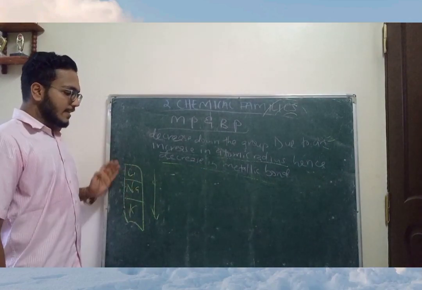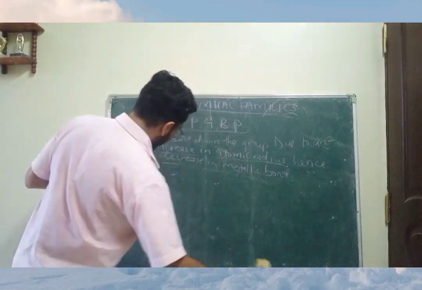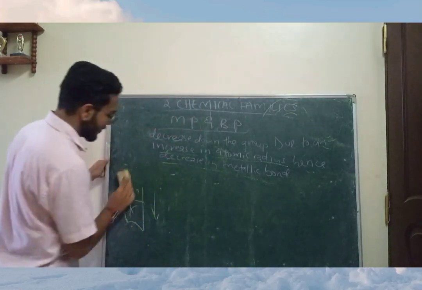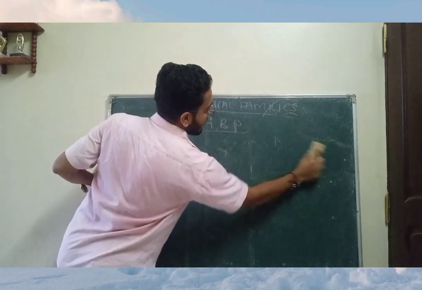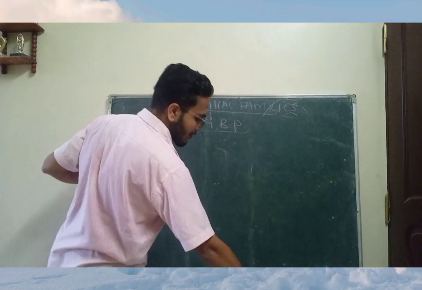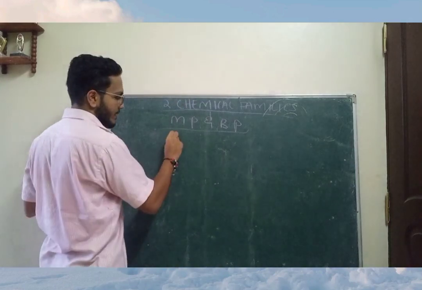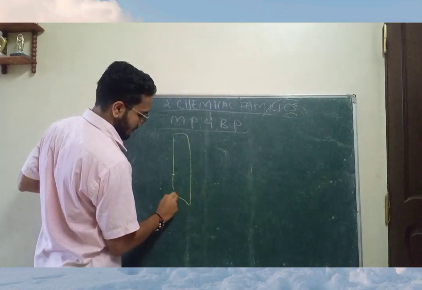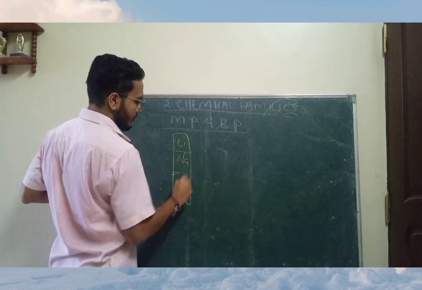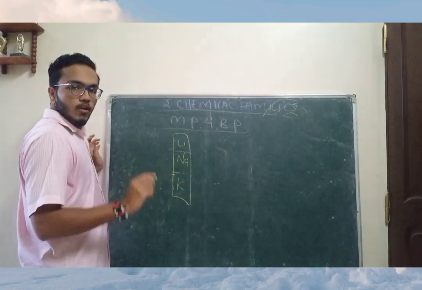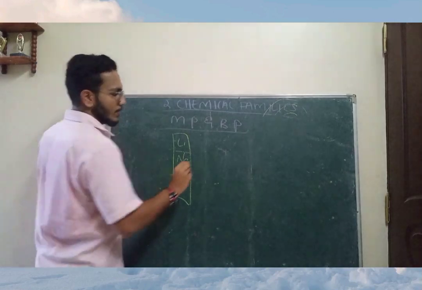So in general, as we looked at the five areas of study, we will now go to chemical properties, but before that we summarize. We have lithium, sodium and potassium. What increases down the group?